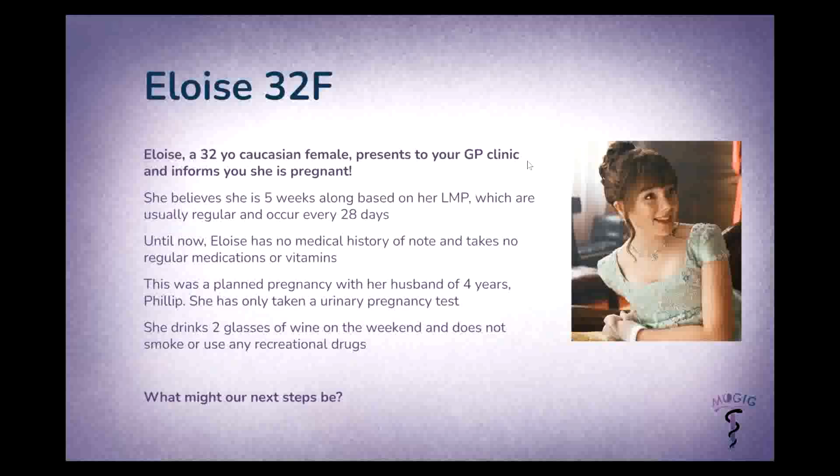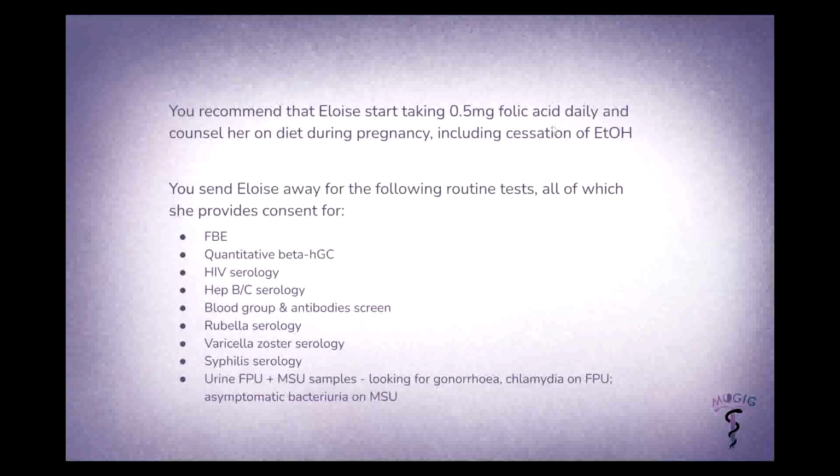Have a think about what types of things we want to do in a patient who presents to us and who is pregnant. What things might we want to look for and screen for? After some thinking, you recommend that Eloise start taking some folic acid every day to prevent neural tube defects, and you also counsel her on diet during pregnancy, including that she probably shouldn't be having any more alcohol.